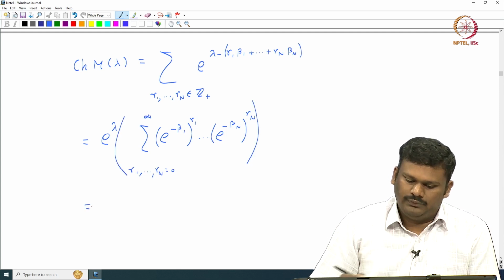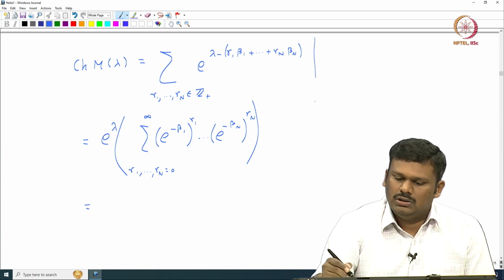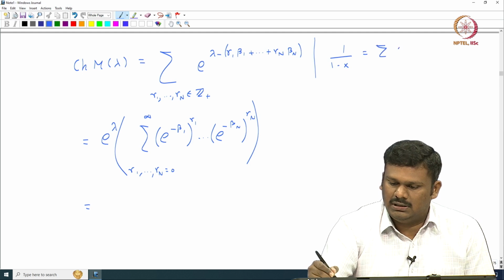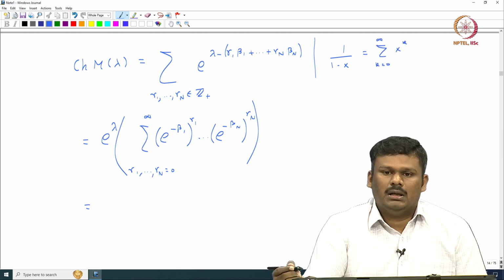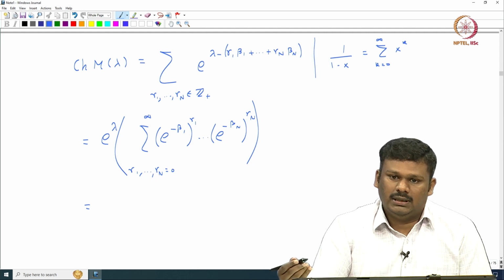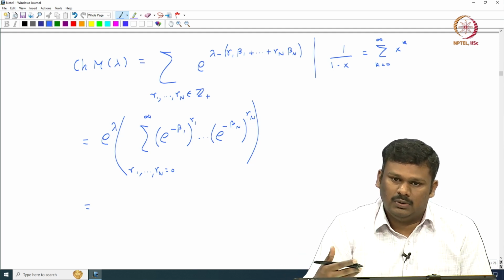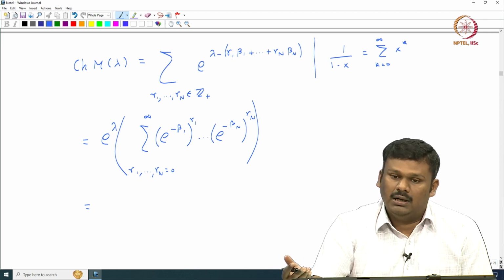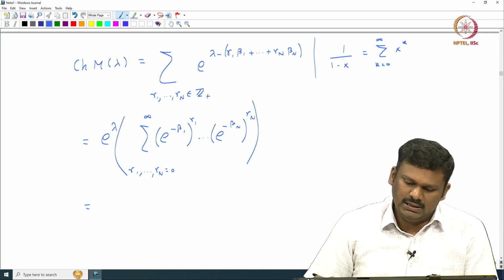So, now if you think about it, what is 1 divided by 1 minus x? That is nothing but summation x power k, k ranging from 0 to infinity. Everything that we are doing is in the formal world, so we do not care about convergence; we just use this formal identity to replace all these things.